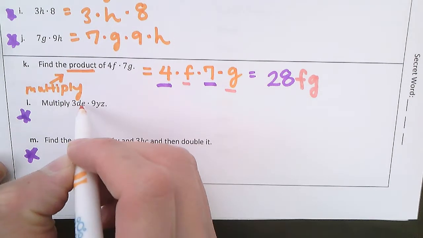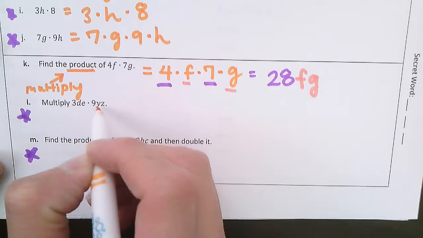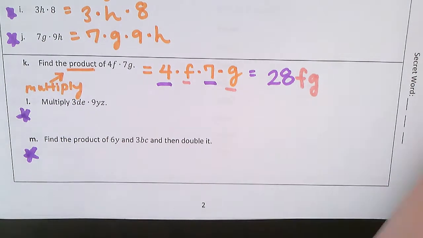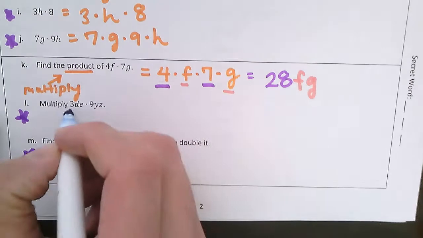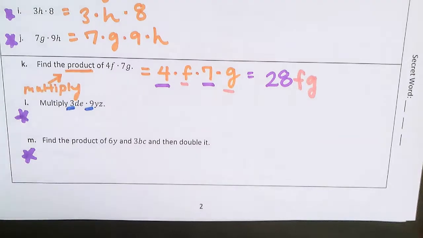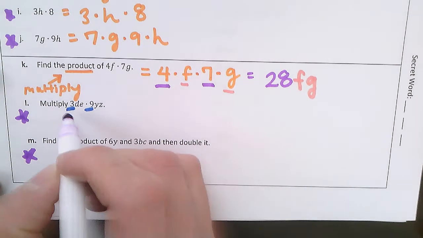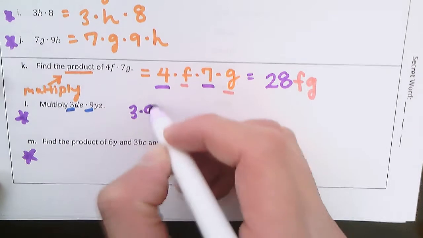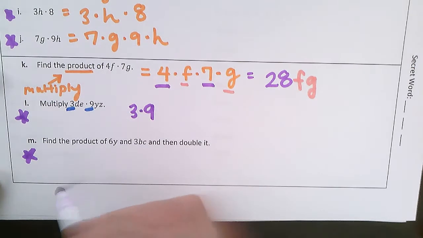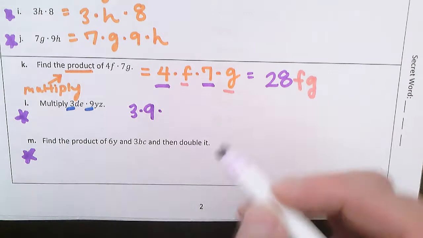3 times d times e times 9 times y times z. First thing we do is just look for the numbers. We have a number 3 here and a number 9 there. We can combine those by doing 3 times 9. And then we can multiply all the variables together.